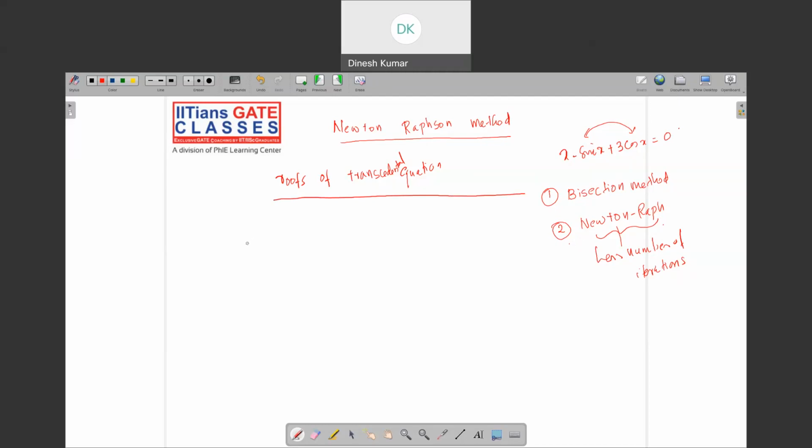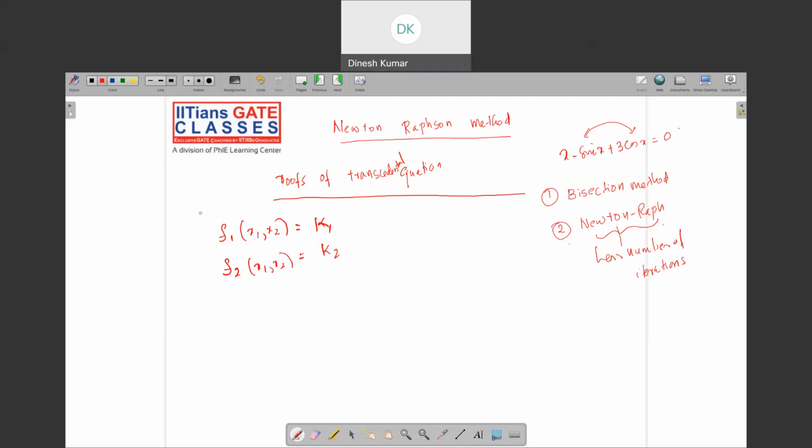Okay, so we can look at something. Assume that f1 is a function of x1, x2 equal to some constant k1. Similarly there is another one, f2 of x1, x2, equal to some k2. This may not be a linear equation, because it can be something like a transcendental equation.